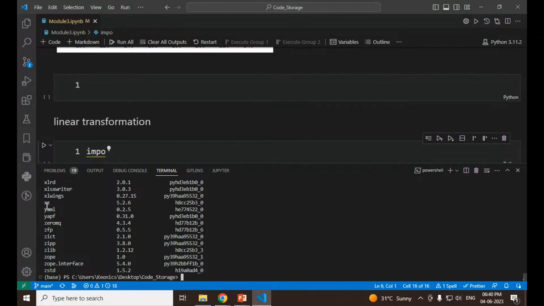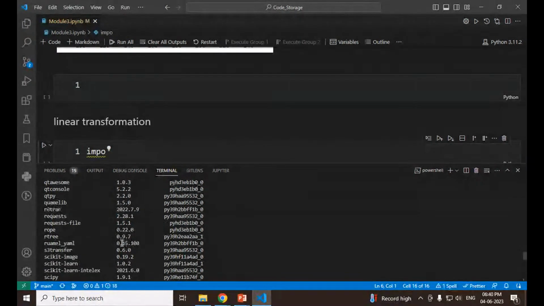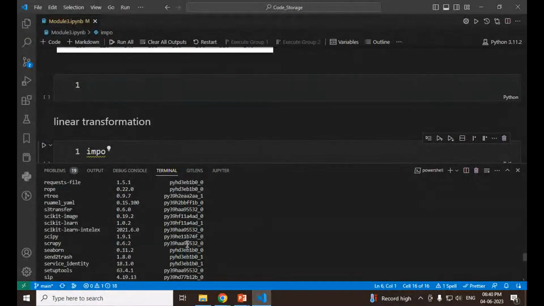SciPy. It's not set there? Yes. Then it should not give any problem. Module not found, the same. Let me check again.